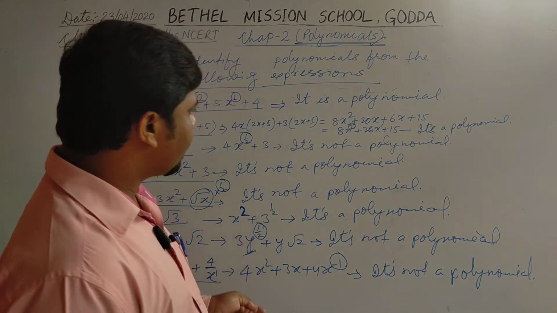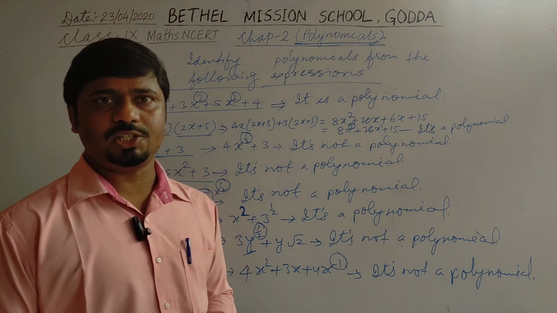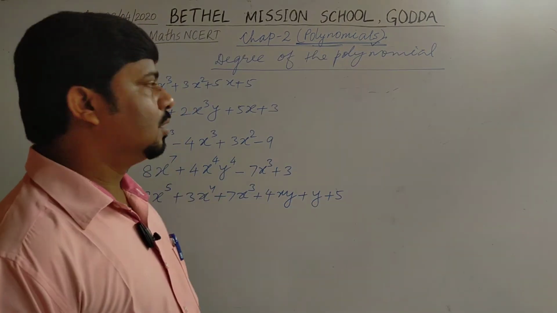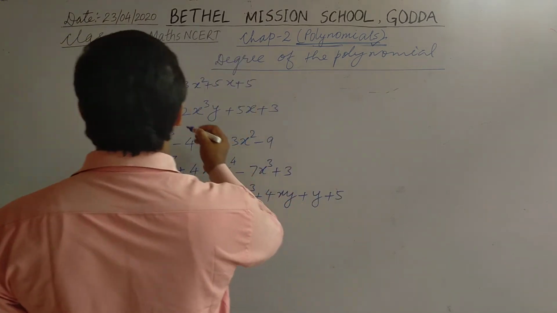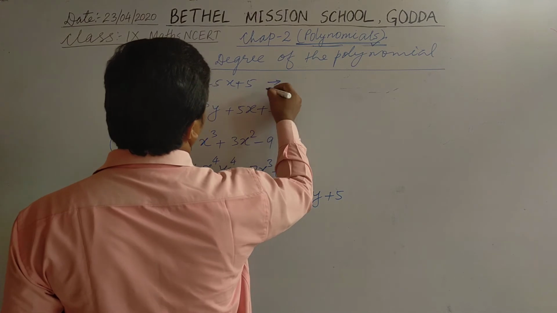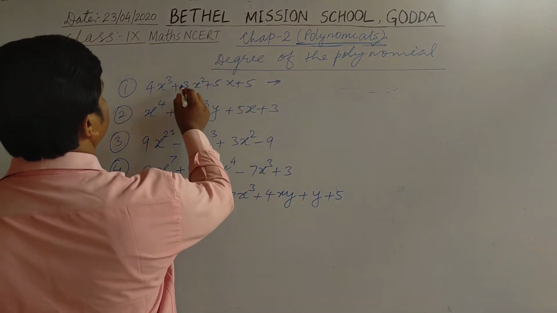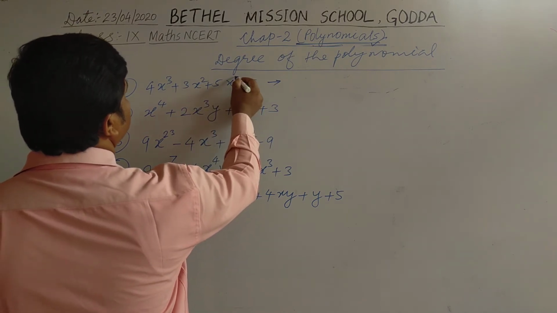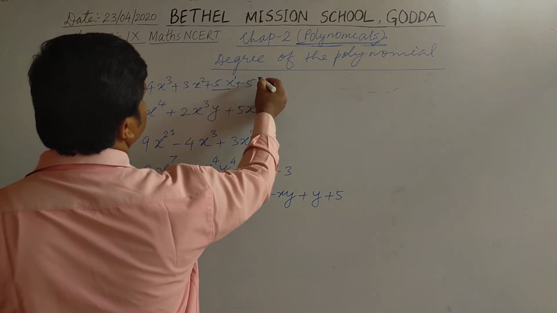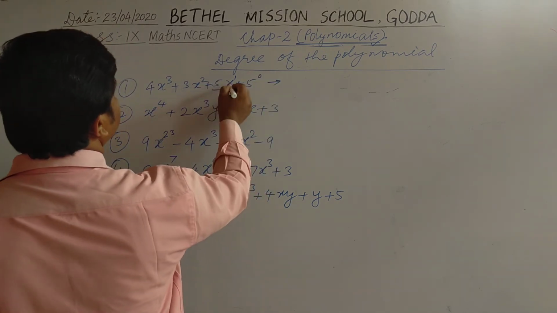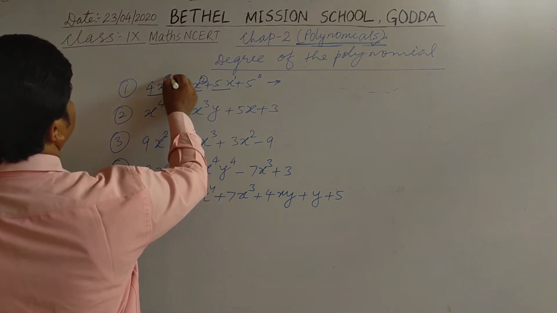Next I will show how you can find the degree of the polynomial. So let's see. The degree of the polynomial is the highest degree you have to see. Here the power is 1 in this term, here the power is 0, in this term the power is 1, in this term 2, in this term 3.